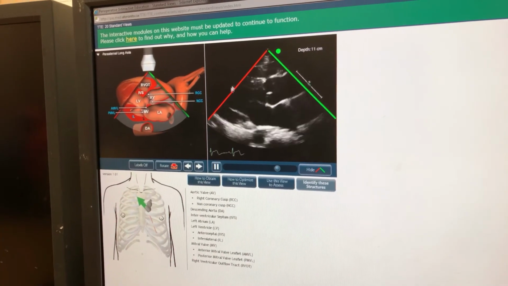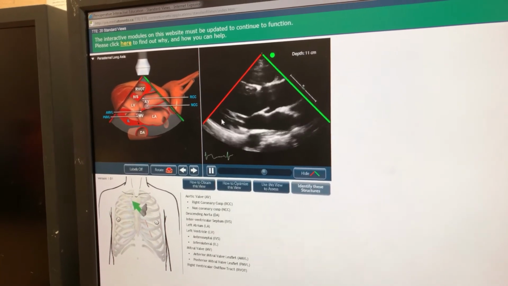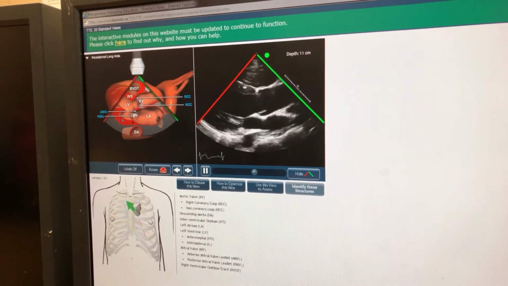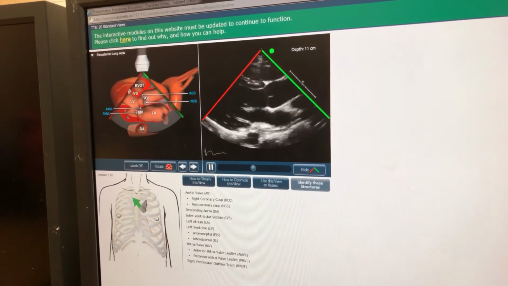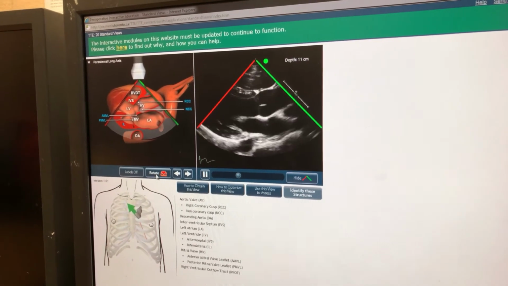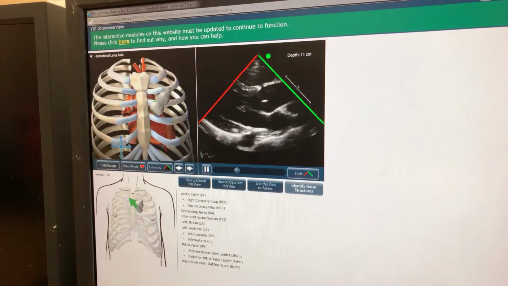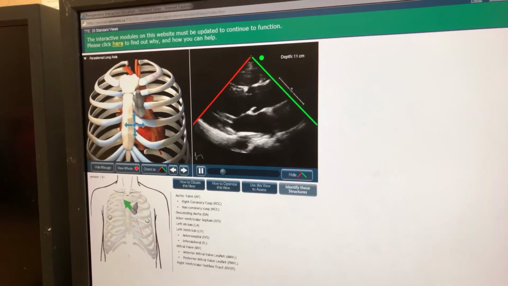So when we see the anatomy with labels, they can see what it would look like and what structures are what in relation to the location of the heart in the chest at this particular point where the probe is.